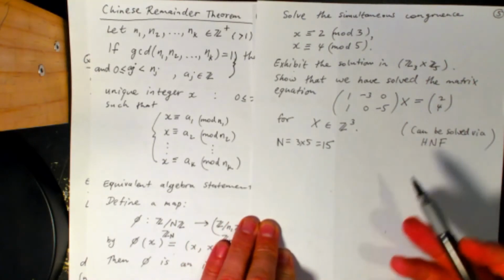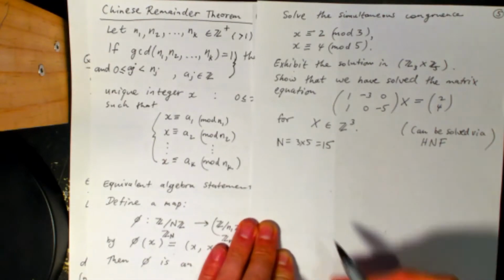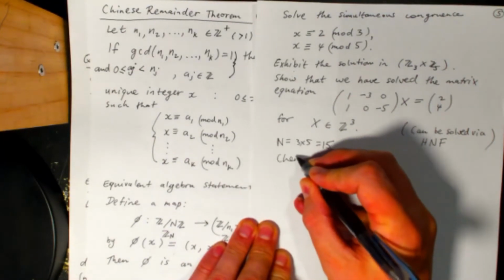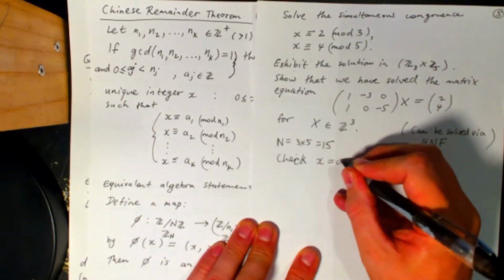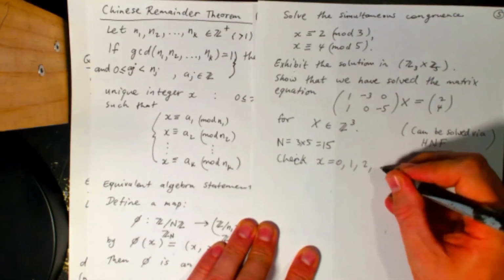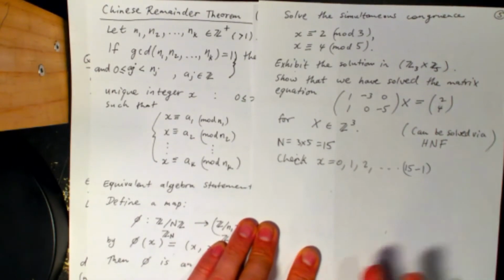Okay, so we want to just check through all of the integers from 0 up to 15 minus 1. So check x equals 0, 1, 2, up to 15 minus 1, which is 14.